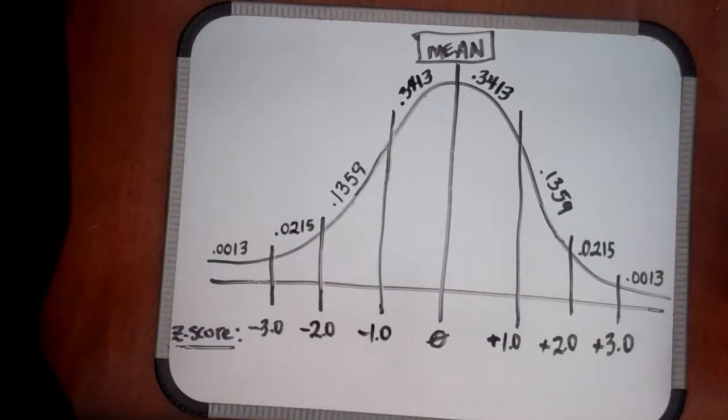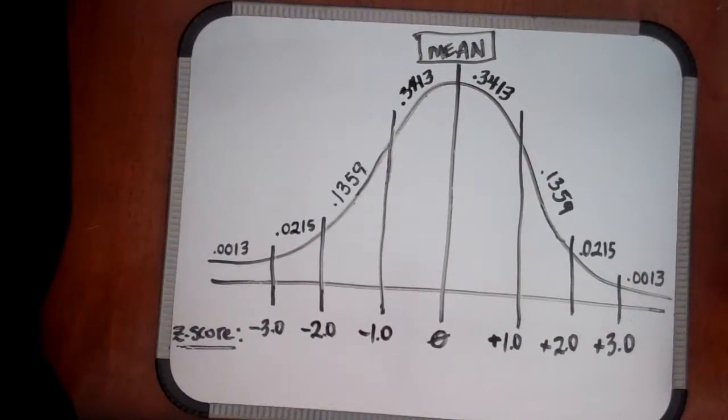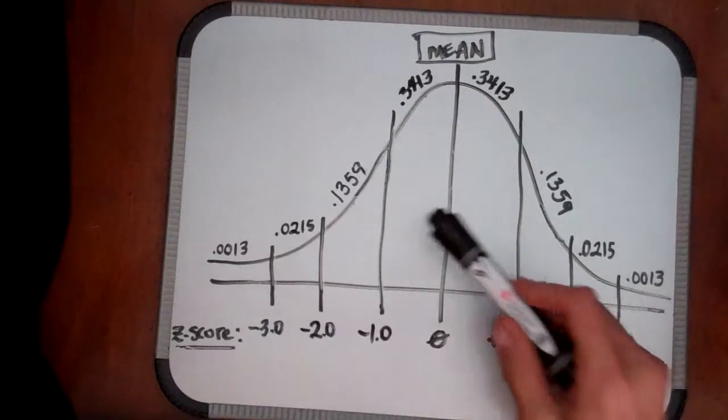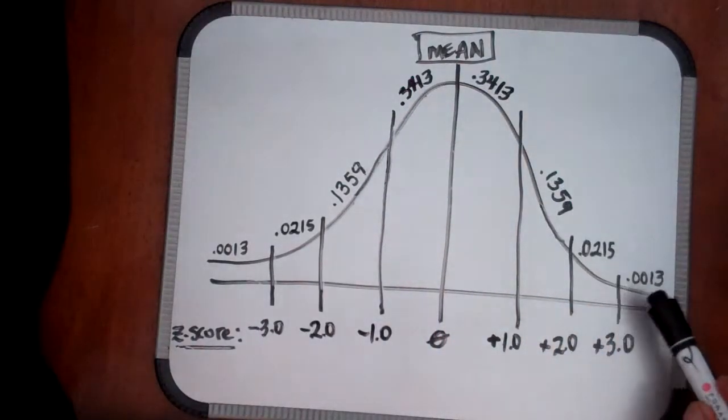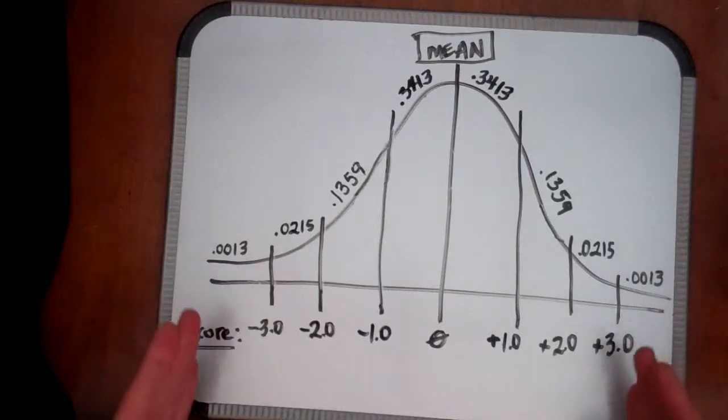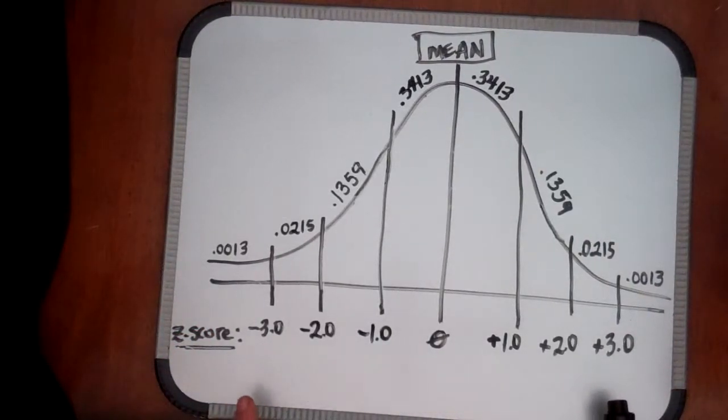Very interesting. Now this is very helpful because this means that each z-score is associated with a specific, fixed, predictable segment of the area under the curve, right? And these are the areas under the curve that are fixed and symmetrical that are associated with each of these z-scores. Now this is very, very valuable for determining the proportion associated with a score, a single score, or a span of scores.